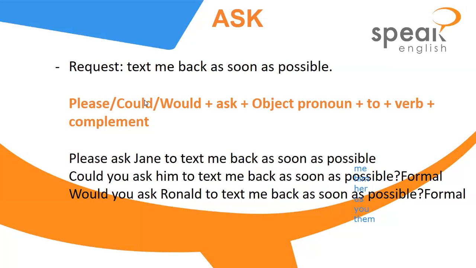And the formula is going to be the same, right? Please, could, would, but in here we have ask plus the object pronoun, and then we have to plus the verb and the complement. So for example, please ask Jane to text me back as soon as possible. So in here, we have something different, right? We are requesting something for someone.